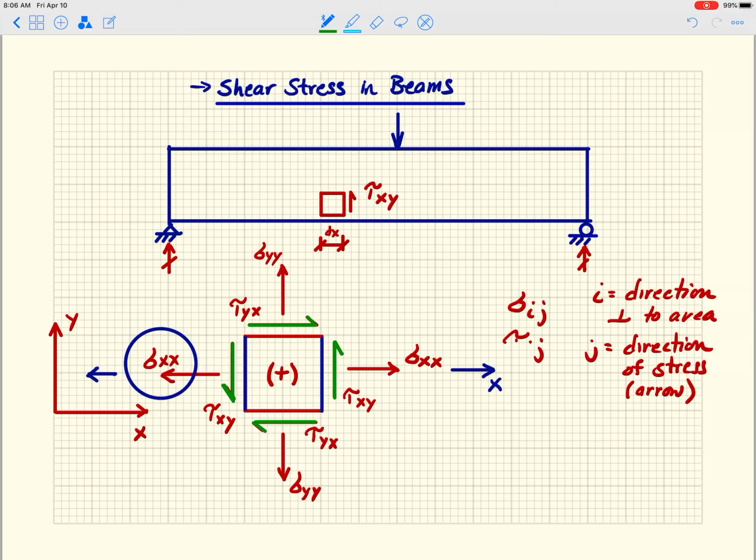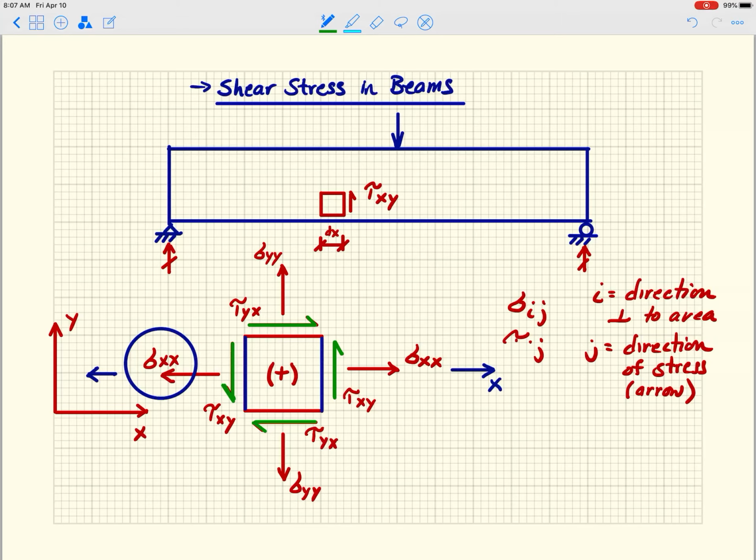Anytime you see a repeated index on a stress, it means it's a normal stress. Same face, same direction. Anytime you see an index that is not repeated, so xy, or if we go into 3 dimensions, zy, yx, etc., those are all shear stresses because they're acting on a face and they're moving in a direction that is not perpendicular to that face.